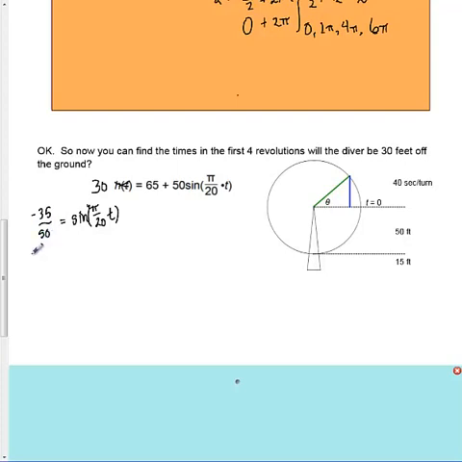Okay, so using the calculator, the angle whose sine is negative 35/50ths, in radians, I'm going to get pi over 20 t equals negative 0.7753 dot dot dot, a bunch of extra decimals.